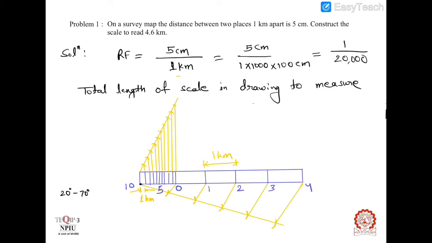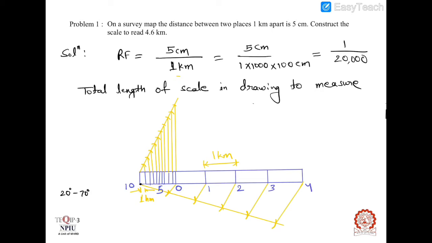Now how to measure 4.6 kilometer? From this 0 we will go to the right side, 0, 1, 2, 3 and 4. And for the 0.6 kilometer we have to go towards left direction, 0.1, 0.2, 0.3, 0.4, 0.5 and 0.6.